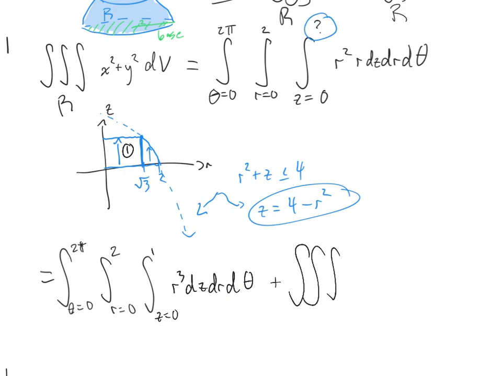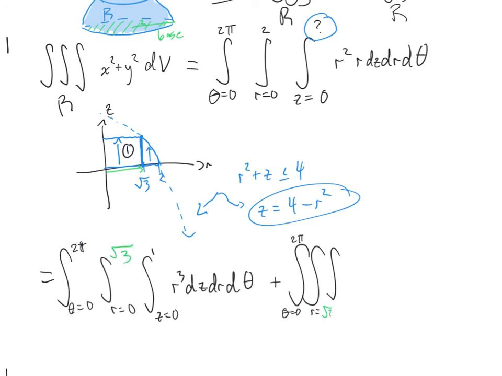And for the other one, I'm going from theta equals 0 to 2 pi, r from 0 to 2. Oh, sorry, I'm going to rectify this. My r bounds change. So r is going up to root 3 in this first integral.